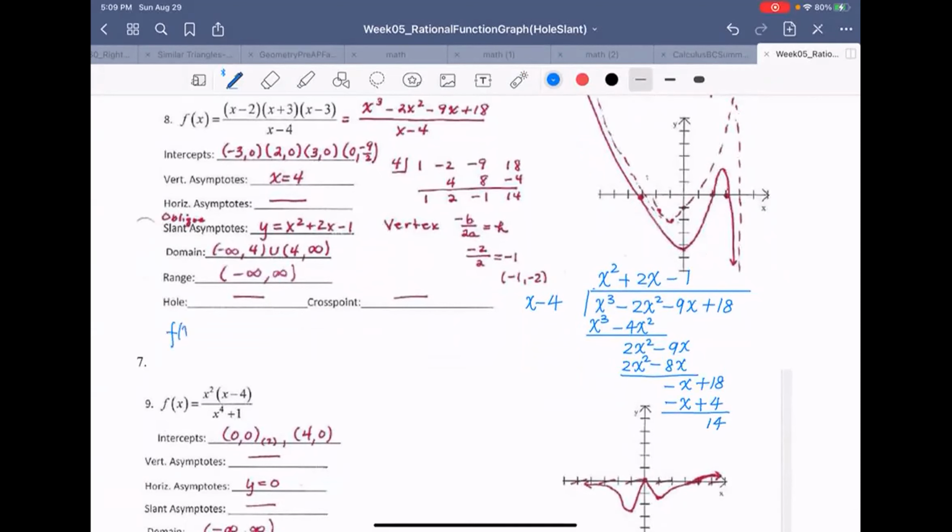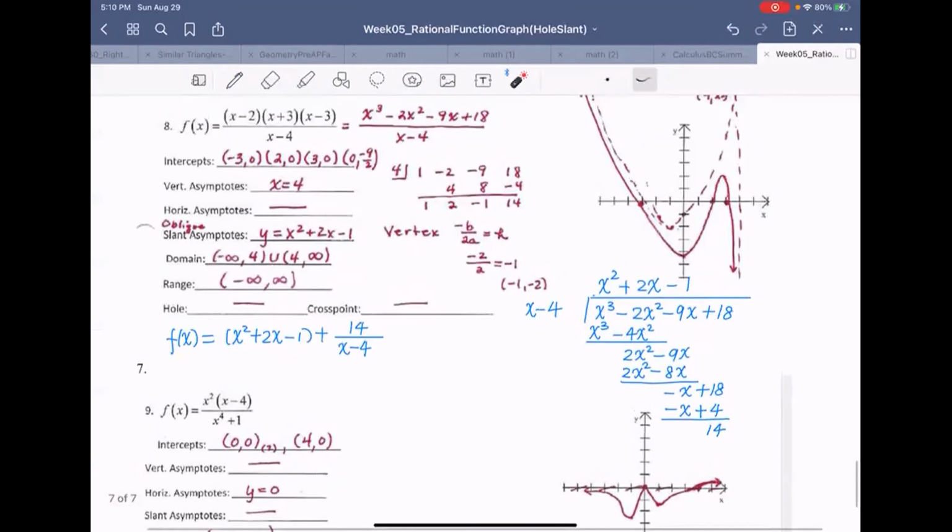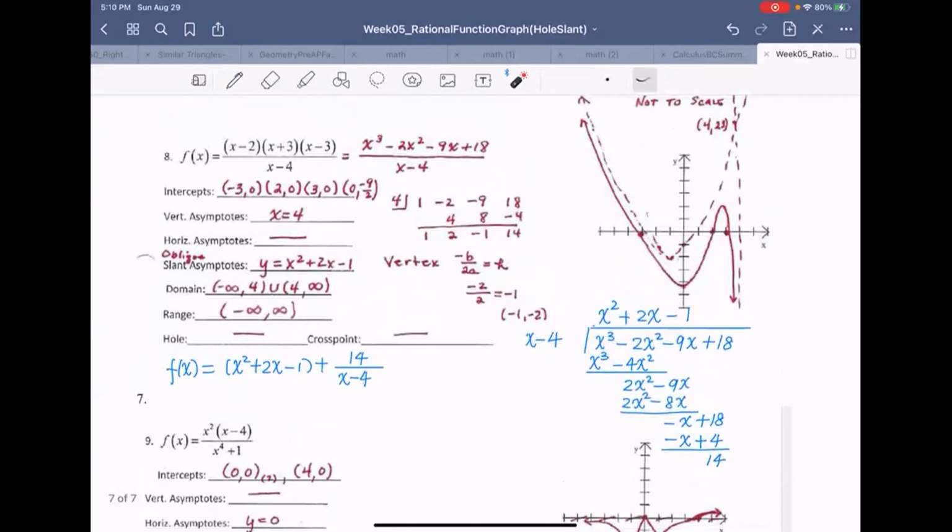So f(x) gets changed to x squared plus 2x minus 1, plus 14 over x minus 4. Who is this guy? This guy is the parabolic asymptote.